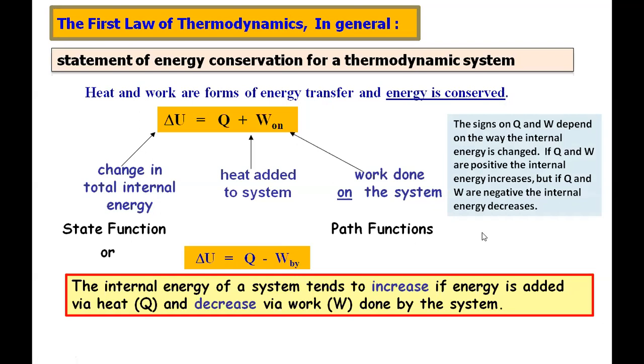The sign on Q and W depends on the way the internal energy is changed. If Q and W are positive, the internal energy increases. But if heat and work are negative, the internal energy decreases.